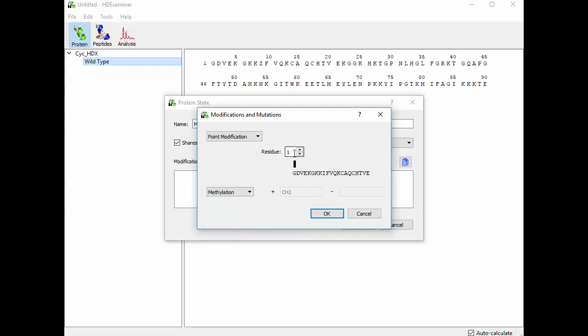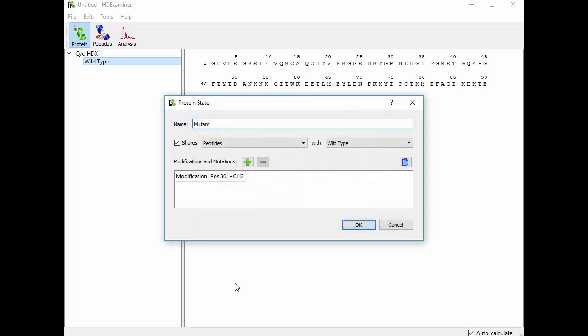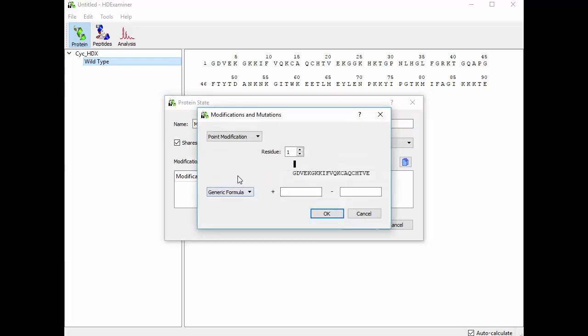methylation on residue number 30. I could do that. I select the residue, I select the modification I want, I would hit OK, and it gets added to this table right here. You may have noticed when I first brought this up that point modification can also have a generic formula.